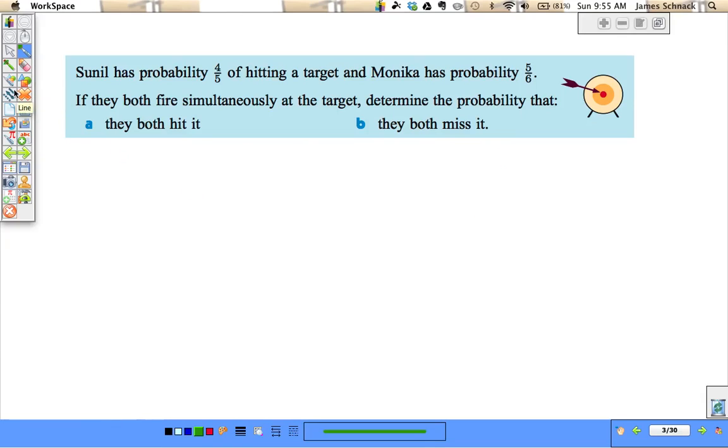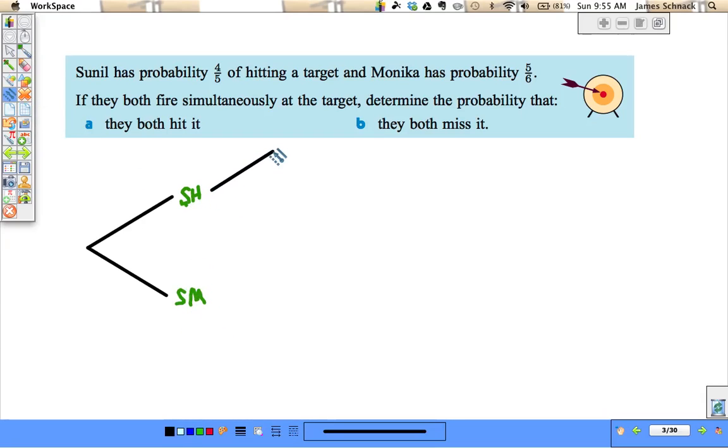Now I'm going to use a tree diagram for this. So this tree diagram, it's going to have two events. The first event is that Sunil hits it or misses. So Sunil hit, Sunil miss.